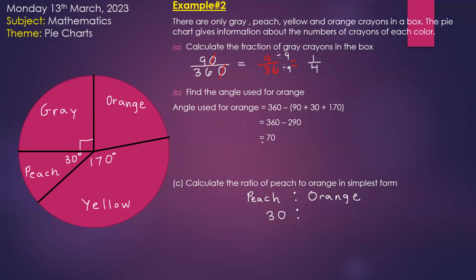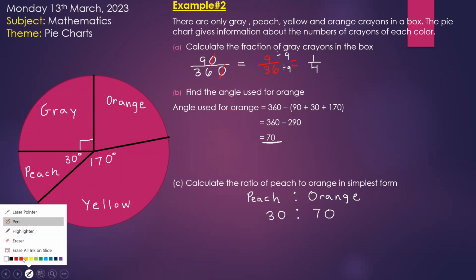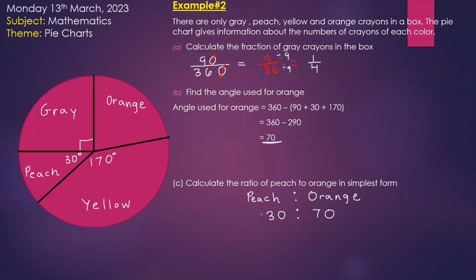And how much is orange? Orange was 70, right? Good. Now what are we going to do at this point? Divide by 10, on both sides. We're trying to make it in the simplest form. When we divide by 10, that basically is like canceling out the zeros. So we are left with what? 3 to 7.